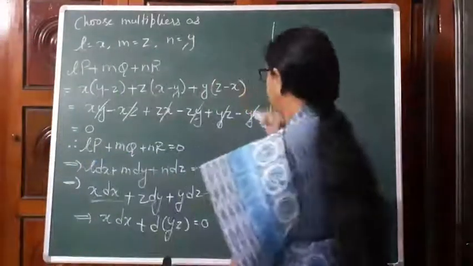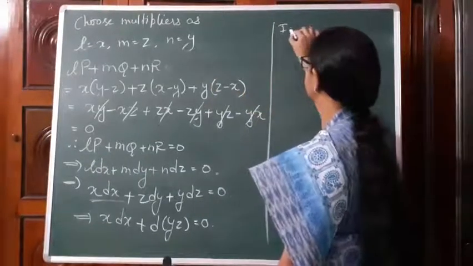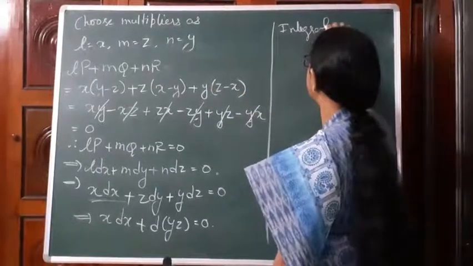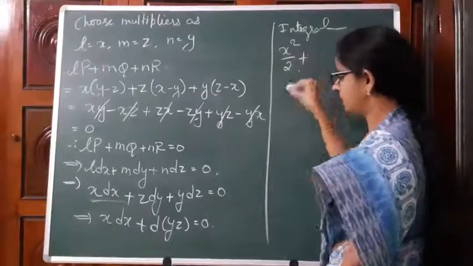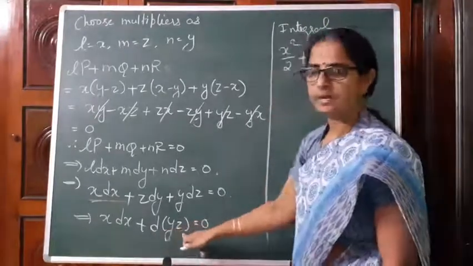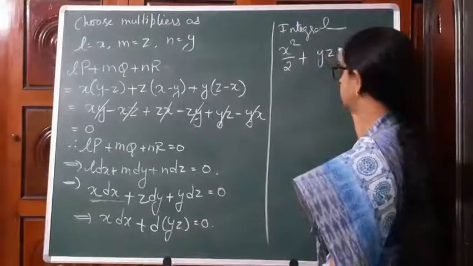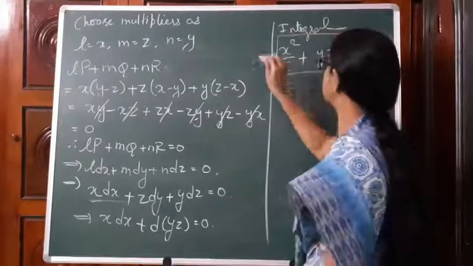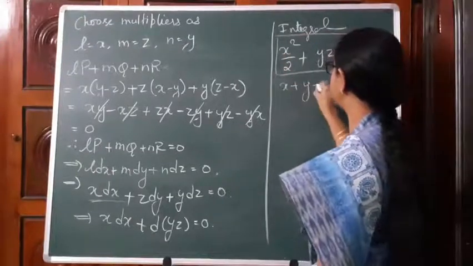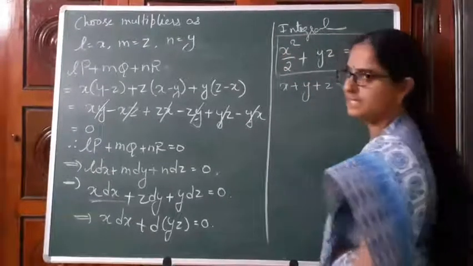Integrating both sides, we get integral of x dx is x square by 2, plus integral and derivative cancel and we have yz, is equal to c2. This is the second solution. What is the first solution we obtained? x plus y plus z is equal to c1.